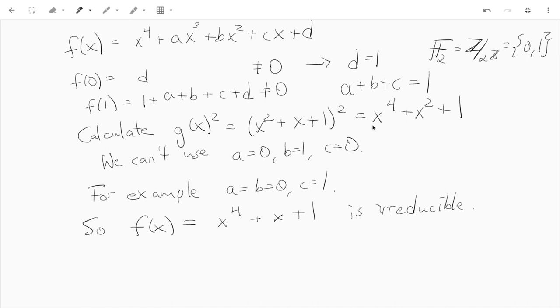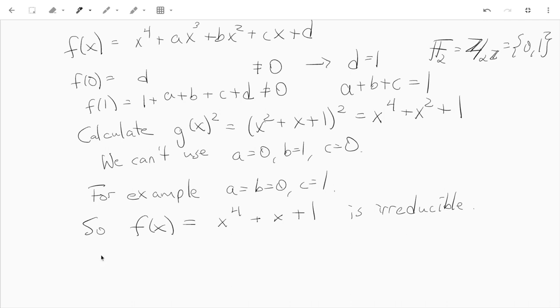It's this one, the irreducible quadratic squared. So we have this irreducible polynomial. And there are other choices too.